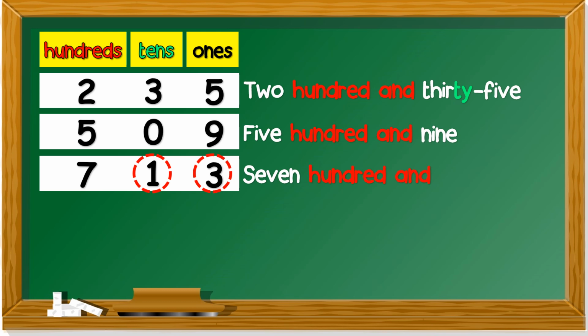Okay, 1 and 3 is 13. Macam dalam bahasa Melayu, belas. Okay, kita guna belas. In English, belas is teen. So, this one is 713.